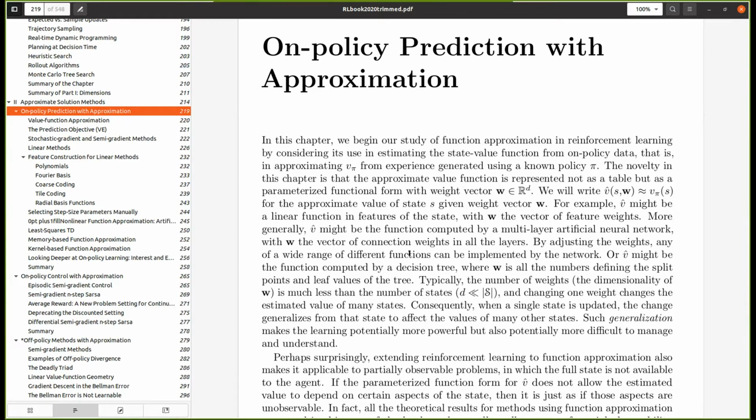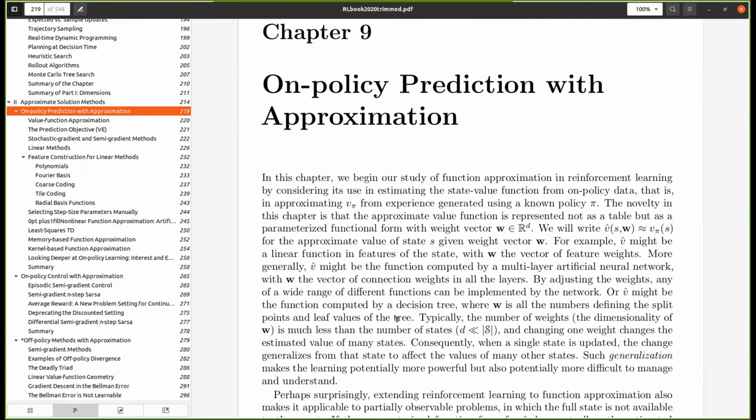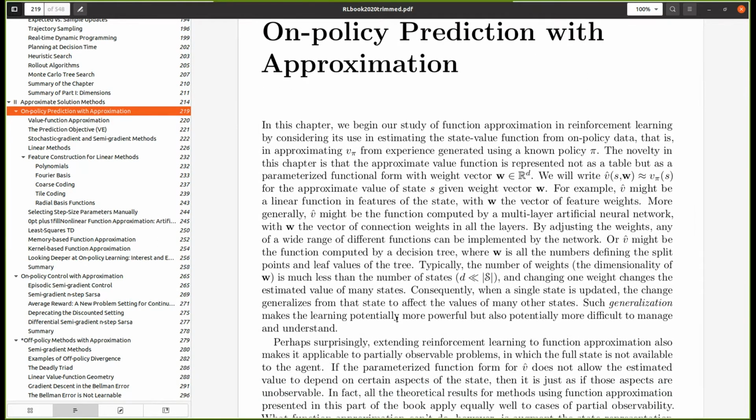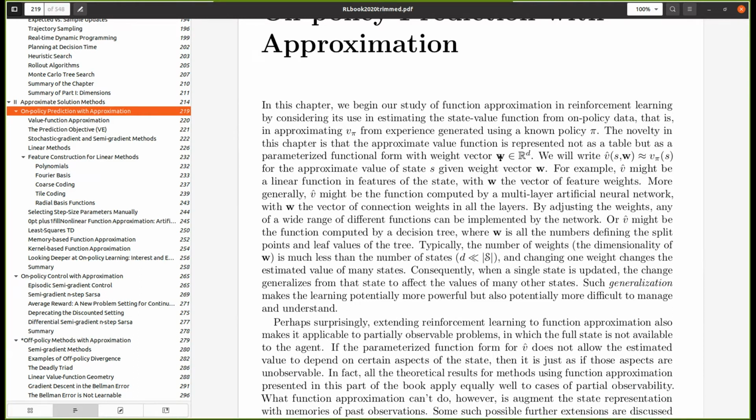So instead of representing our value function as a table, we can represent it as an actual function, which is parameterized by some weight vector W here. Actually, this does not have to be a vector. It just means we have some parameterized function.